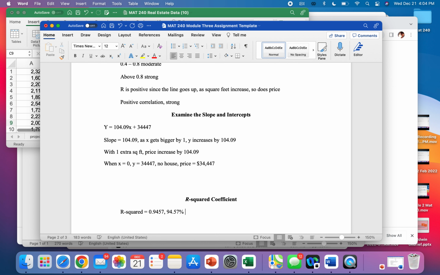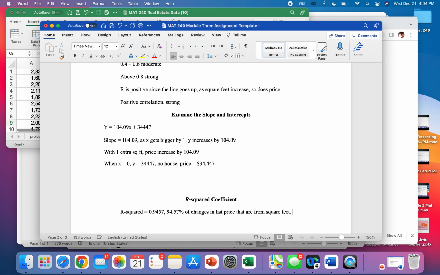That means that is the percent of changes in list price that are from square feet.